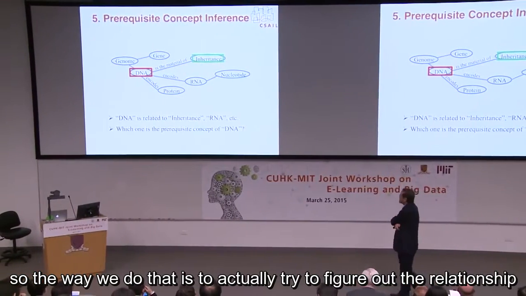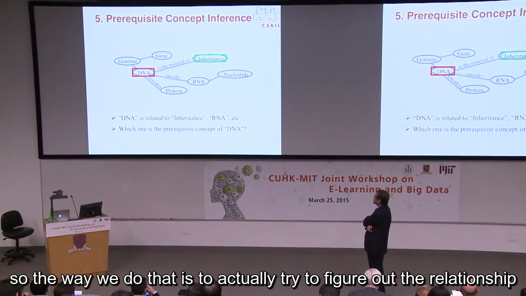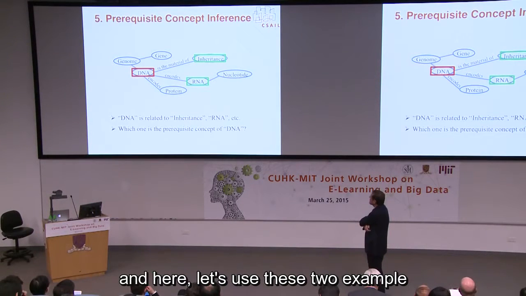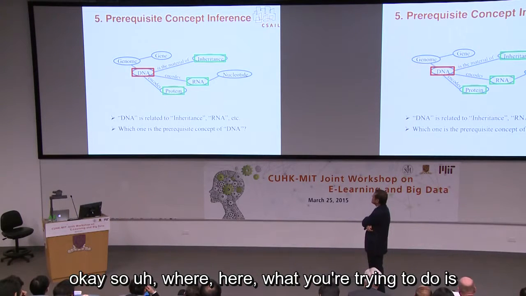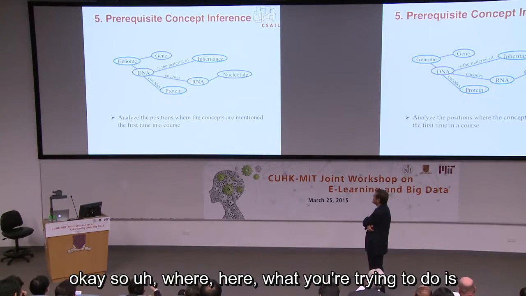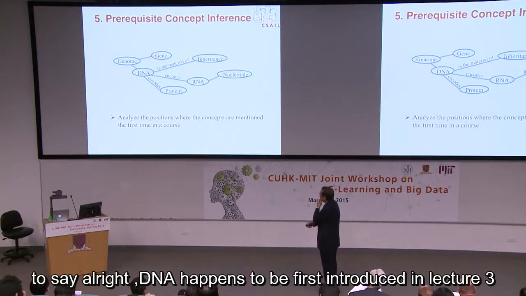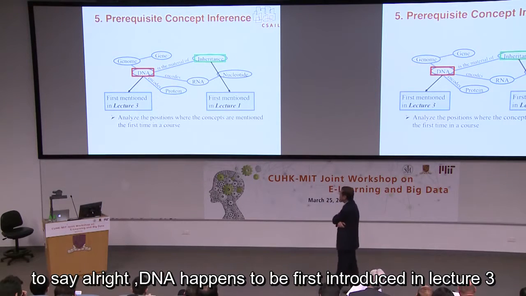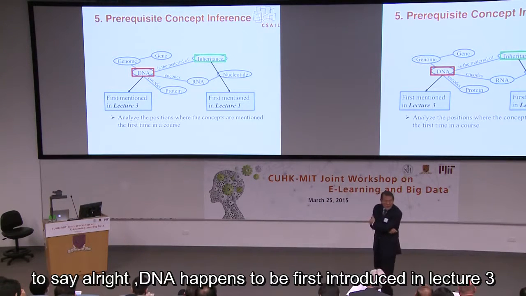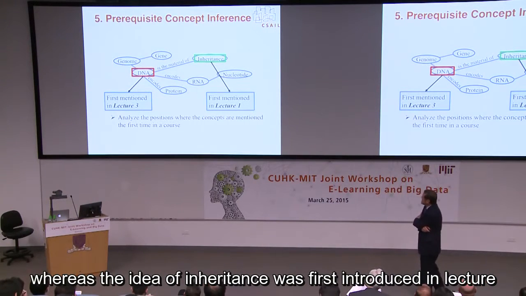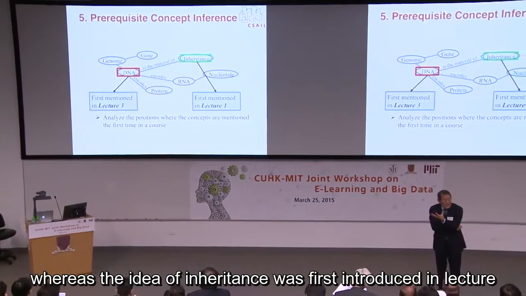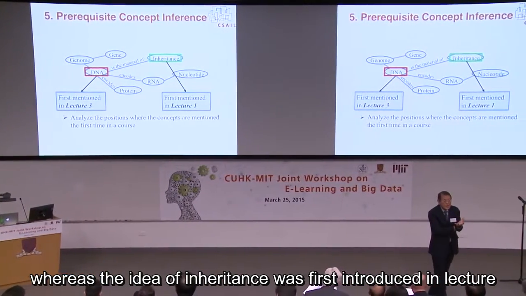The way we do that is to actually try to figure out the relationship. Let's use these two examples, okay? DNA happens to be first introduced in lecture 3, whereas the idea of inheritance was first introduced in lecture 1.